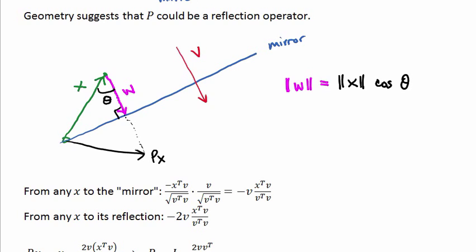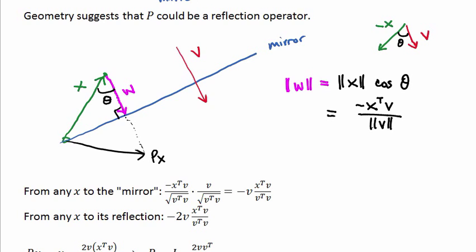Well, theta is the angle between the vectors negative x and v. So we can do this by taking the inner product of those two vectors and dividing by the length of v. Right? The dot product is length x times length v times cosine theta.